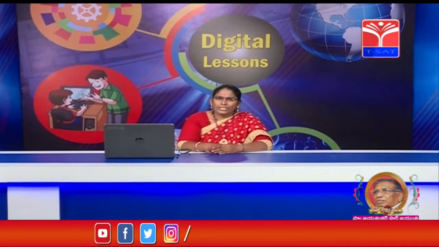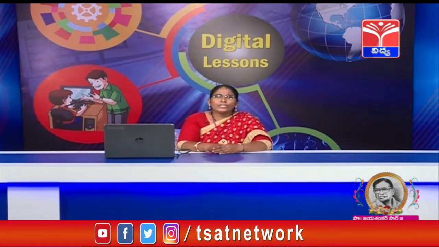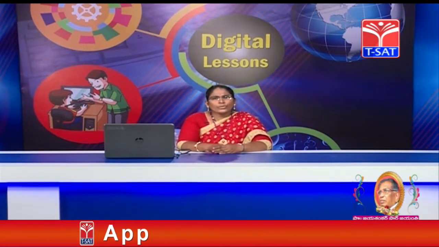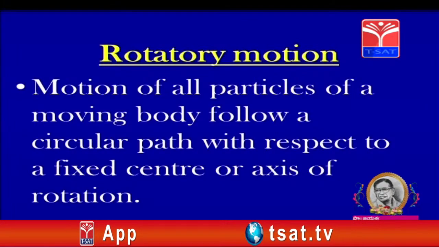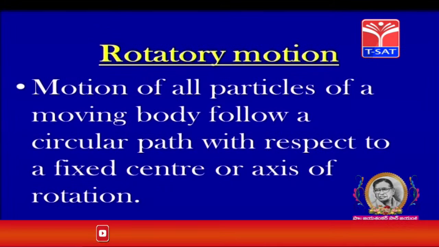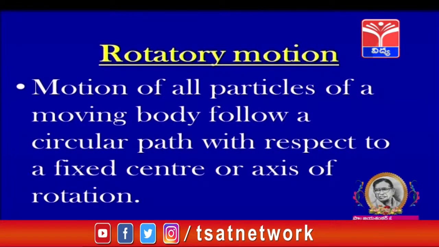Now, we study about the second type of motion, that is the rotatory motion. What is rotatory motion? Motion of all particles of a moving body following a circular path with respect to a fixed center or axis of rotation.